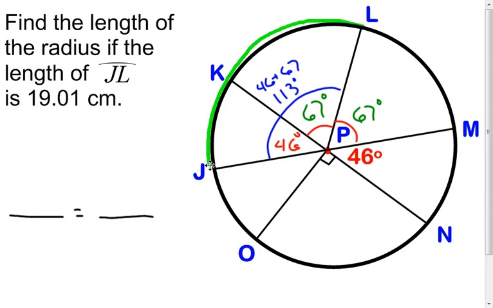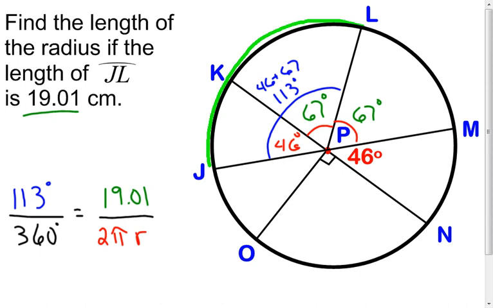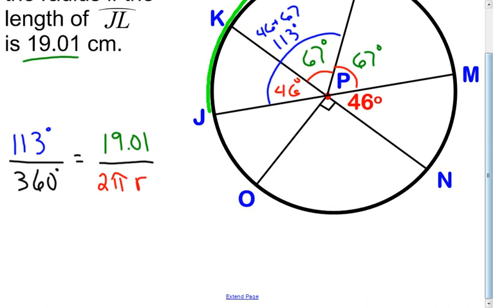So then it's going to be my 113 divided by the total, which is 360 degrees, equals, well then the arc length, I know that, it tells it to me right here. That's the 19.01, so there's the part, over then the whole, which is the circumference. Now remember, circumference is 2 times pi times r. That's one way to calculate it. And I'm going to go with that because I'm looking for the length of the radius. So now I have an equation, I just need to solve it.